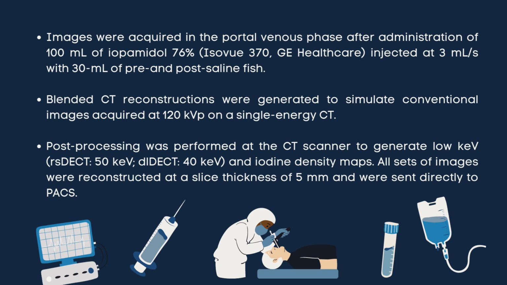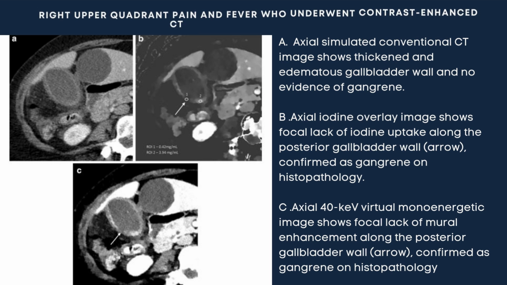Post processing was also performed at the CT scanner to generate low keV for RSDECT at 50 keV and DLDECT at 40 keV, and iodine density maps. All sets of images were reconstructed at a slice thickness of 5 mm and were sent directly to PACS.